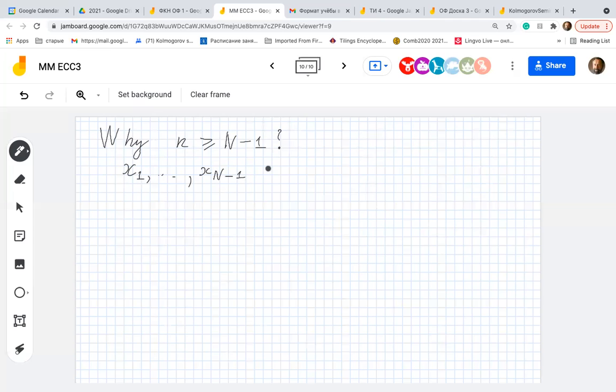And we claim that they are linearly independent. And since they are linearly independent, the dimension should be at least the number of such vectors.